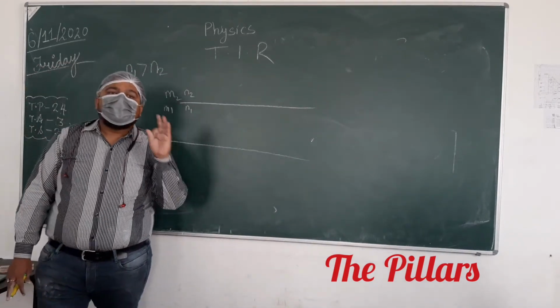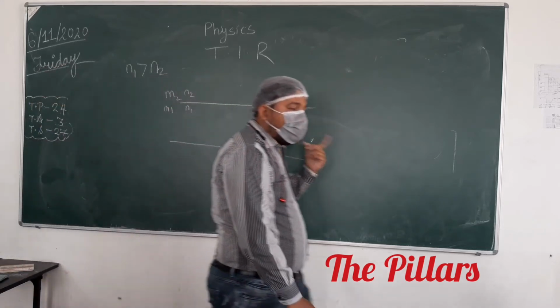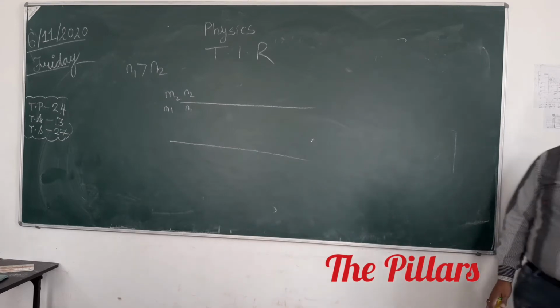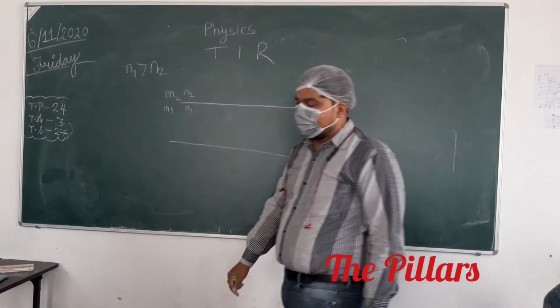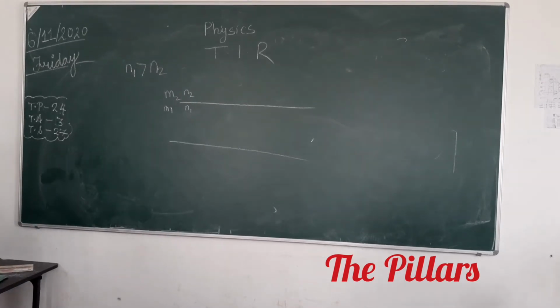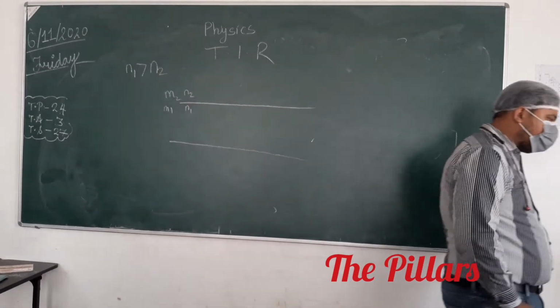That is, light should always enter from denser to rarer medium. You can write this down: condition for total internal reflection, light should always enter from denser to rarer medium.